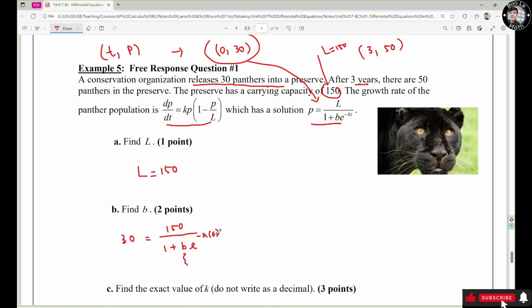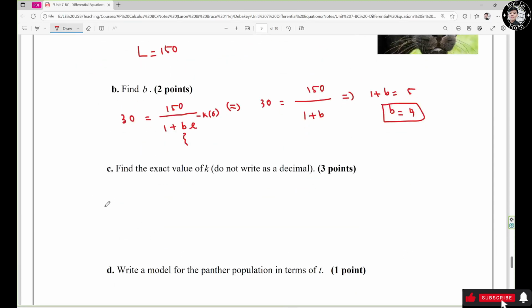So e raised to the 0 equals 1. So this turns out to be 30 equals 150 over 1 plus b. So 1 plus b equals 150 divided by 30, which is 5. So b equals 4.